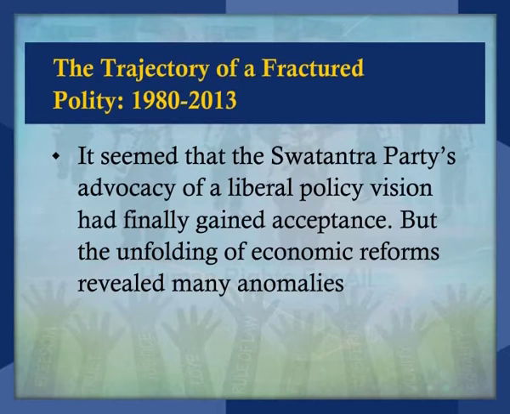But the unfolding of economic reforms revealed many anomalies. The implementation of liberalization was sluggish and haphazard. Moreover, it came to be increasingly marred by an unholy collusion between the politicians, bureaucrats and capitalists, which had been endemic to the Indian state. The rate of economic growth rose, benefiting the upper and middle classes, but the neglect and decline of the agrarian sector caused a spate of farmer suicides.